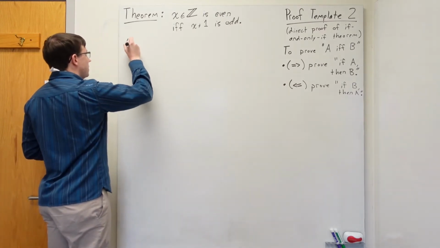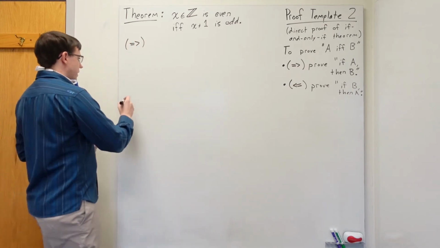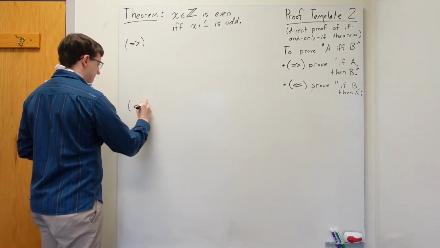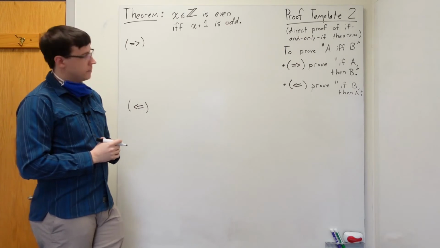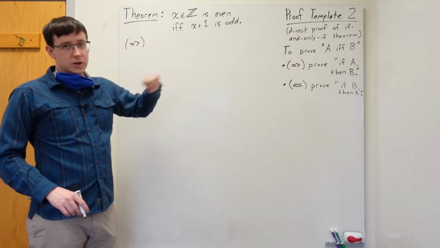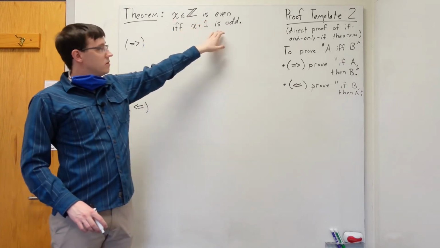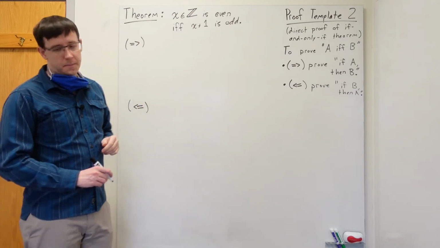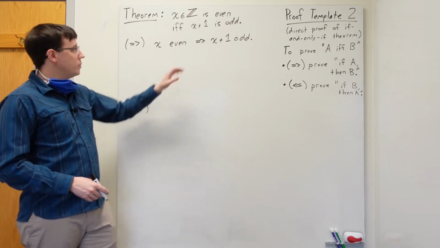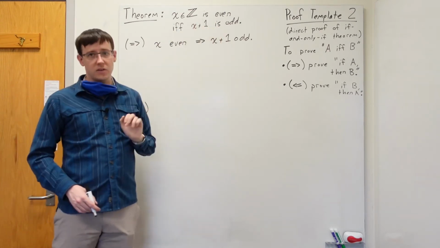First, the if direction, and then the only if direction. So for this statement, the forward direction would be x is even implies x plus 1 is odd. And the reverse direction would be that if x plus 1 is odd, then x is even.